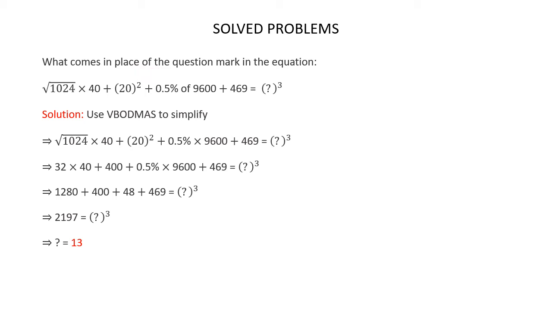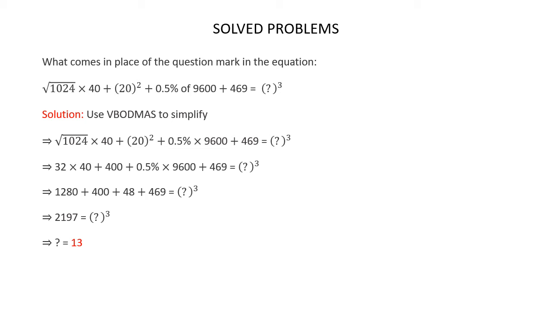What comes in place of the question mark in the equation square root of 1024 multiplied by 40 plus 20 squared plus 0.5% of 9600 plus 469 is equal to question mark raised to the power 3.